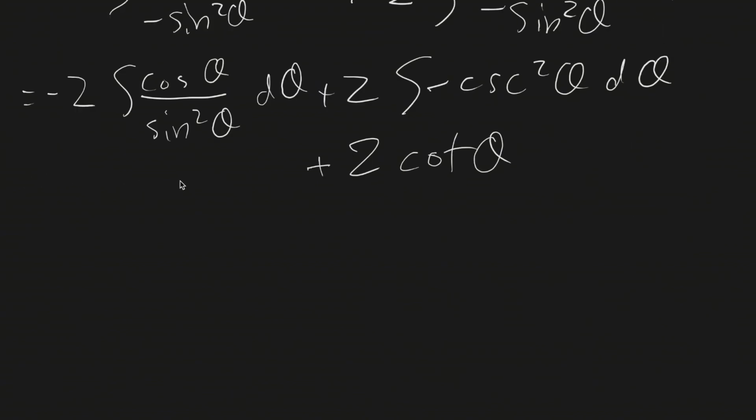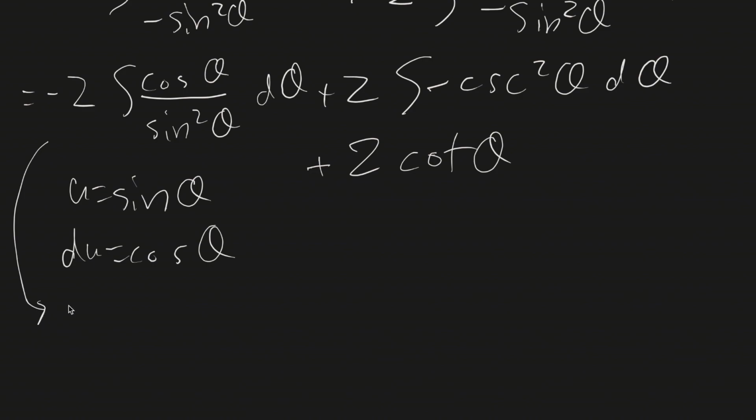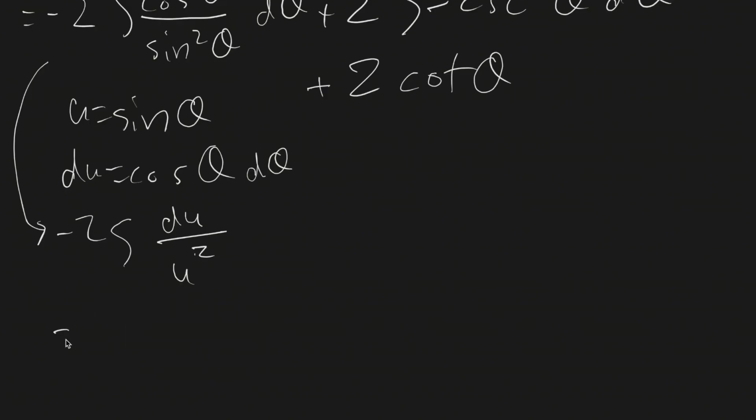Anyway, let's get back. So to integrate this, we can just do a simple u substitution by setting u equal to sine theta, meaning du is cosine theta d theta. So when we bring this down, it becomes negative 2 times the integral of du over u squared, which is equal to negative 2 times u to the negative 2 du.